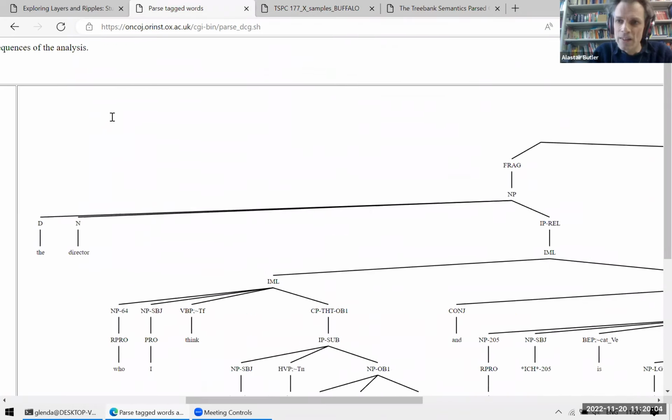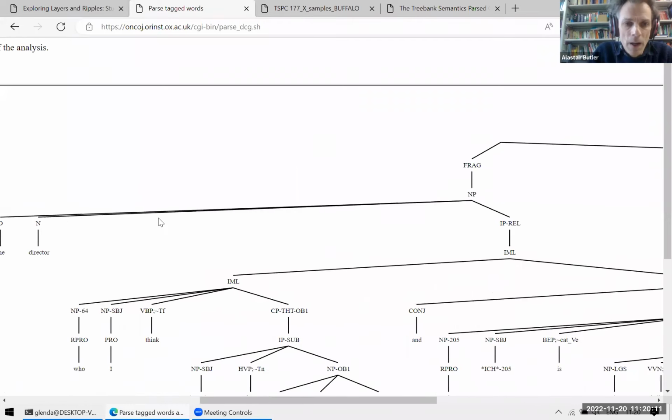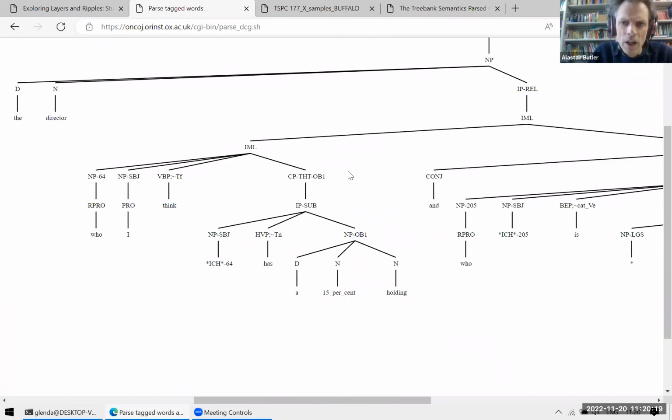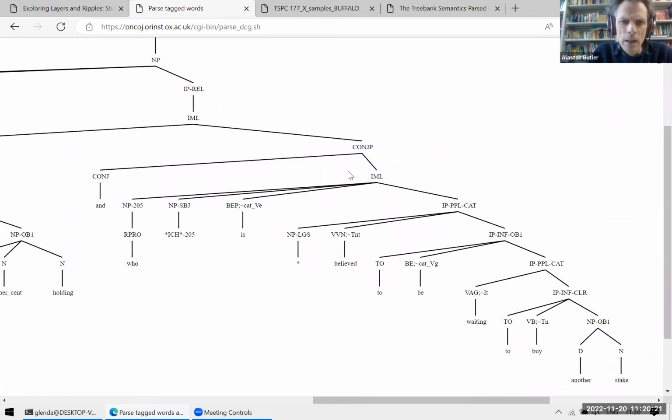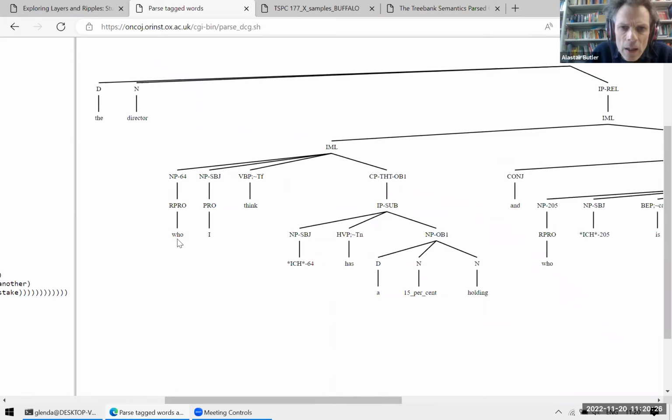So we see that the whole thing is analyzed as a fragment, which is exactly what we'd expect, because this is a noun phrase on its own. Then we've got "the director" as the head of the noun phrase, and then two conjoined relative clauses. The first involves a long-distance dependency, so an index is created by the system, which gives rise to this interpreted constituent node to mark the unbounded dependency.